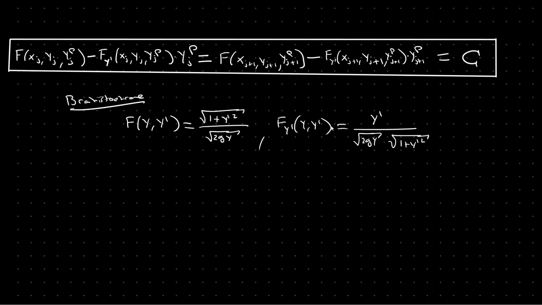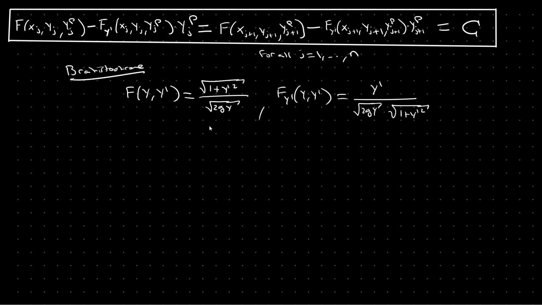And so we note that this needs to be true for all j, for all j from 1 to n, which means that for any j, we can just plug in, and this combination will have to be the same constant. It's the identical constant that is shared by every single combination xj, yj, yjp for these two functions.